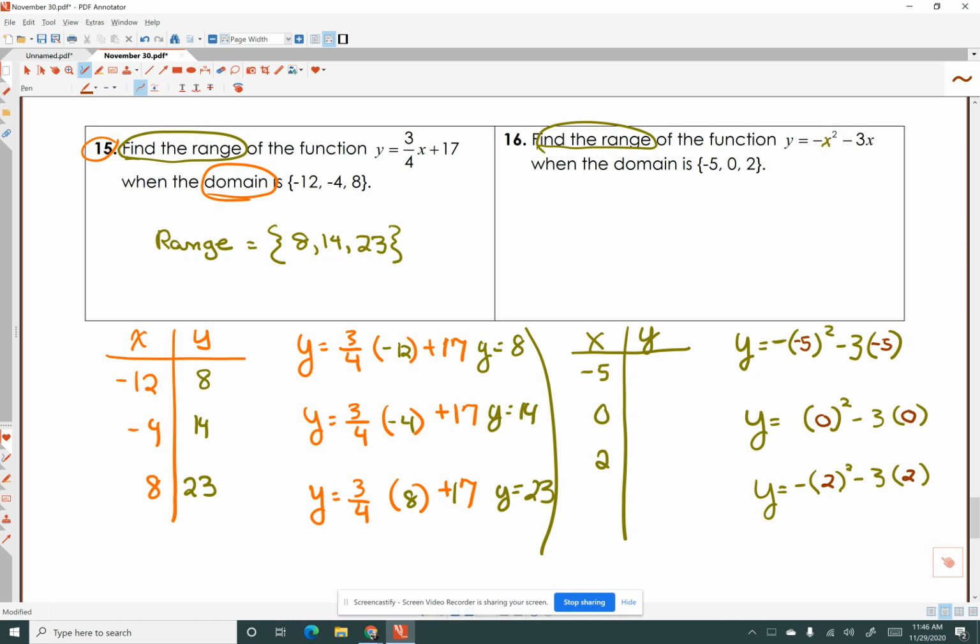When you evaluate these, you will find that in the first case, y will equal negative 10. In the second instance, it's obvious that y equals 0, because anything times 0 is 0. And in the third instance, y equals, again, negative 10.